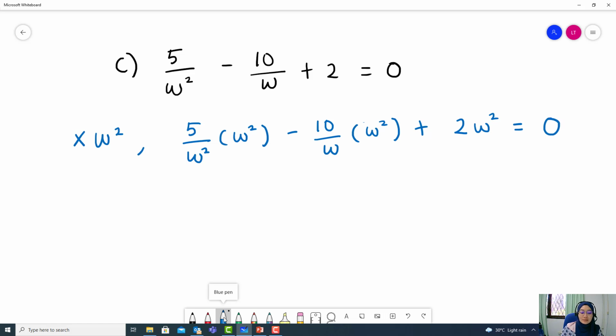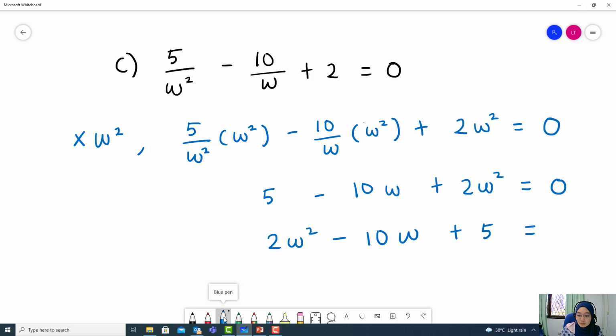And then simplify your equation. 5 over w squared multiplied by w squared, you will get 5 minus 10w plus 2w squared equals 0. So rearrange this equation into standard form. 2w squared minus 10w plus 5 equals 0.